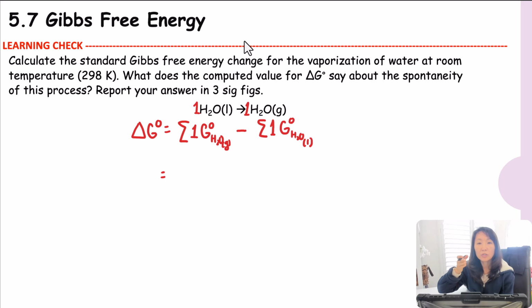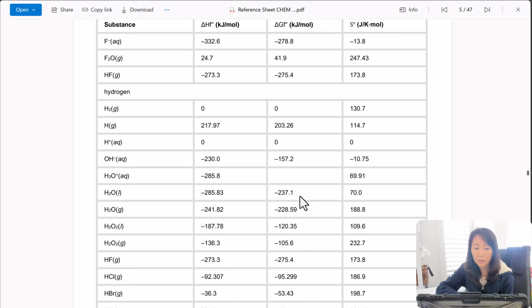So what we're going to do is go back to the reference sheet and see what the water gas and water liquid G naughts are. If you look, the H2O liquid and H2O gas is right here. Okay, please make sure you are looking at the right column. This is delta G naught, so we want to look at the G one, right?